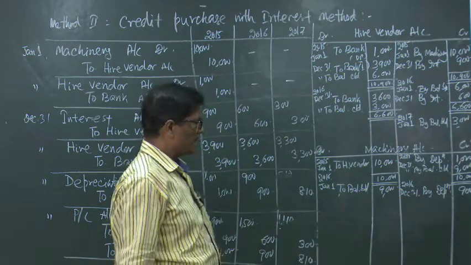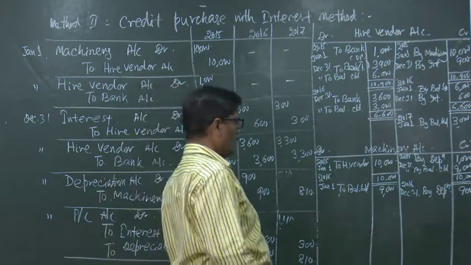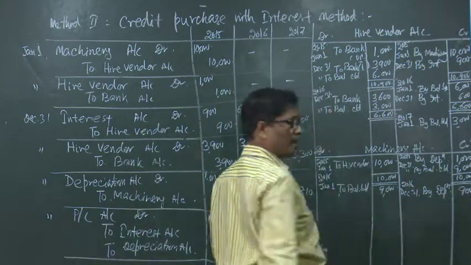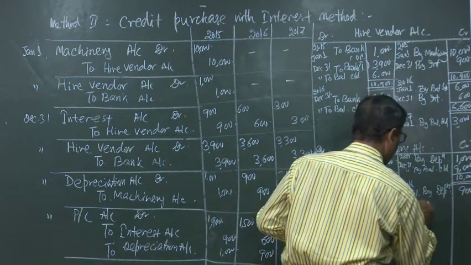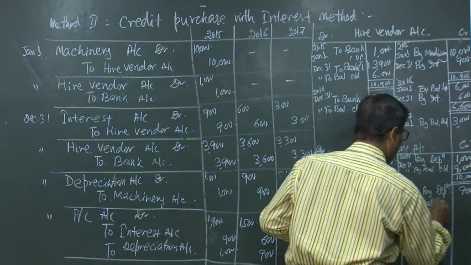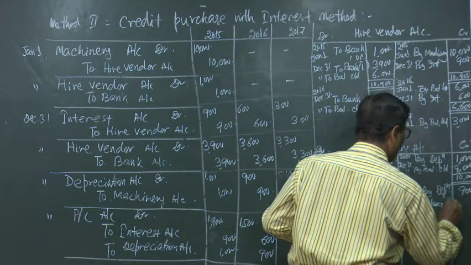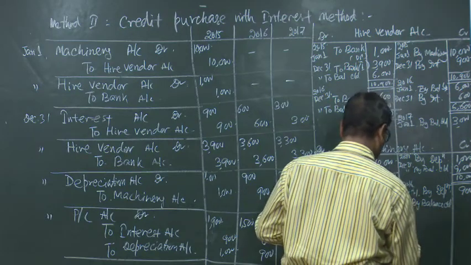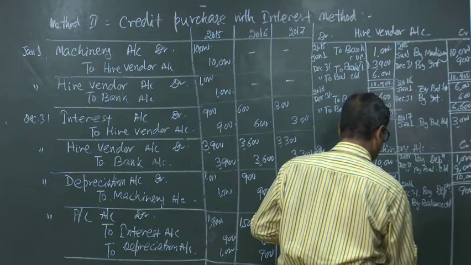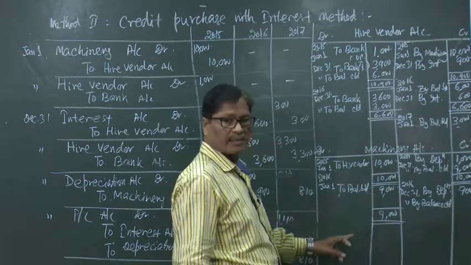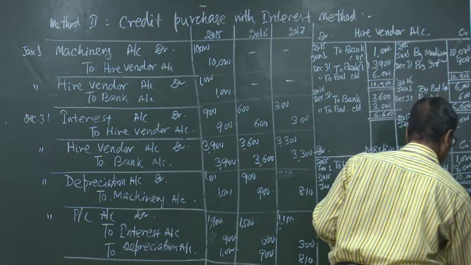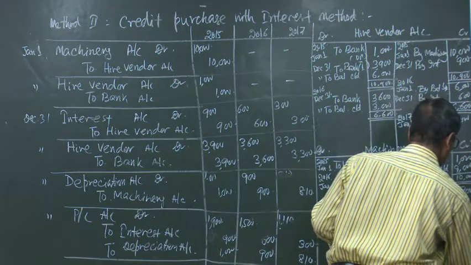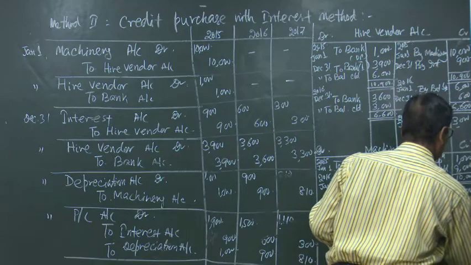Coming to machinery account, this side is 9000, this side is 900. So, by balance carried down on the same date December 31st, how much? Total is 9000 minus 900, so 8100.